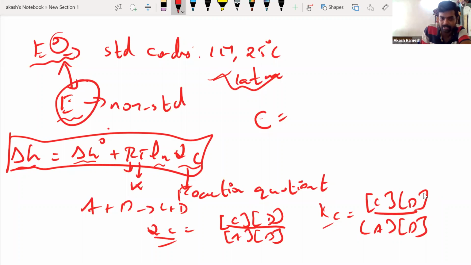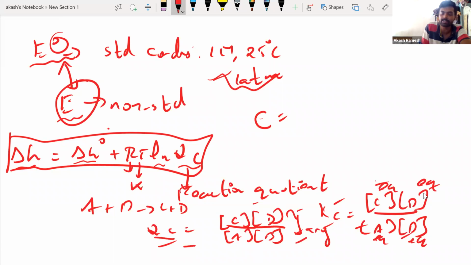The main difference is that the concentrations you use here and here are not the same. In QC, I can use any concentration at any point of time: at the starting of the reaction, in the middle, or at the end. But in KC, we write only the equilibrium concentration, after the reaction has reached equilibrium.